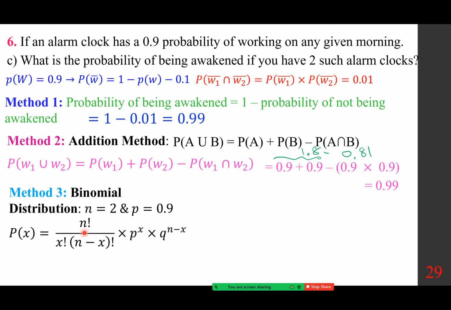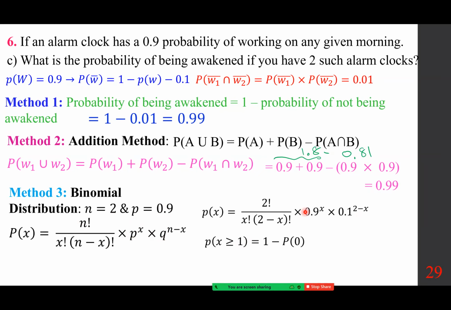P of x is n factorial over x factorial, n minus x factorial, p to the power of x times q to the power of n minus x, where n is replaced with 2, p replaced with 0.9, and q is 1 minus that, or 0.1. So we replace them accordingly. Probability of x larger than or equal to 1 is 1 minus probability of 0.